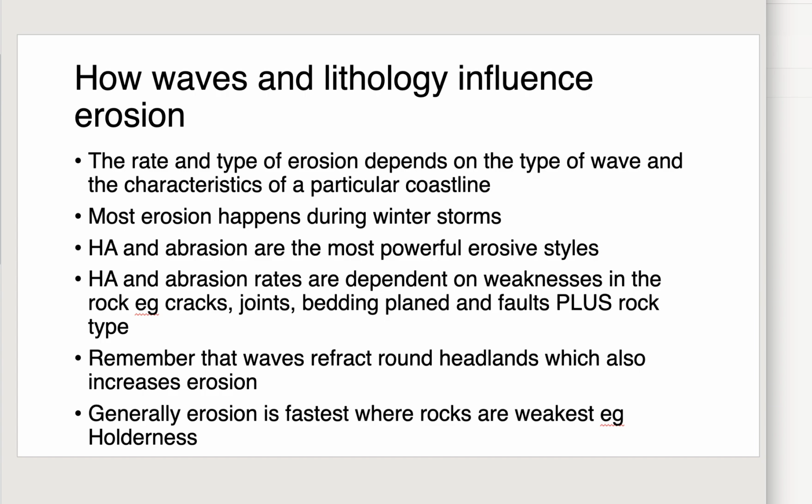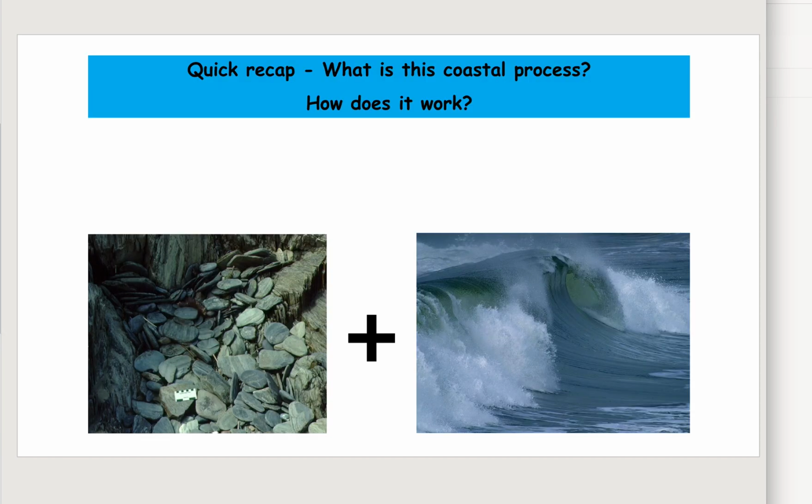So remember Holderness, maybe from your GCSE geography, Happisburgh, which you've looked at in a case study in lesson 5, and the Dorset coastline where we have that softer rock behind the Portland stone in Lulworth Cove, for example. So you should have a look at the next few slides that are in the video.